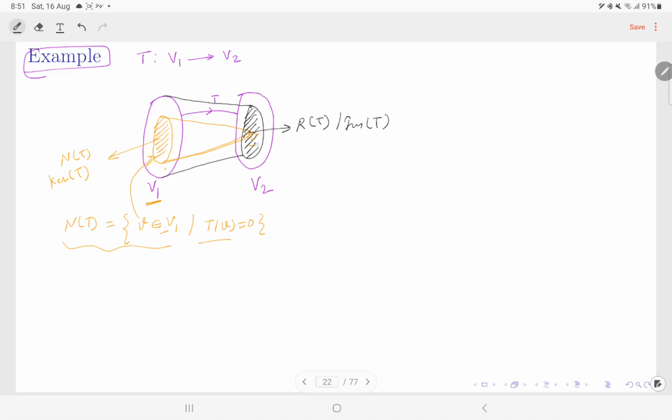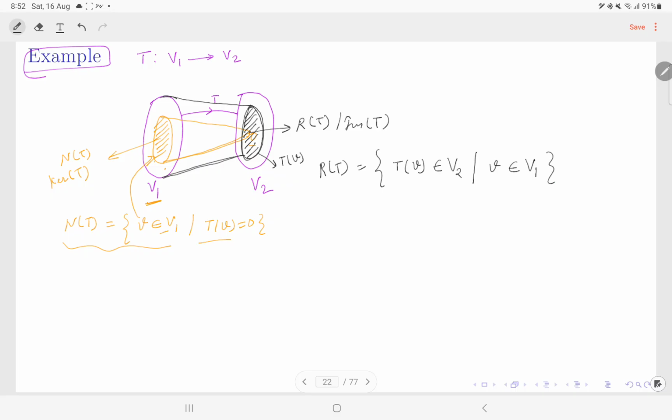So what does the range of T mean? It means we are looking for the set of vectors in vector space V2 which are the images of all the elements of vector space V1. How can we write it mathematically? The definition is that all the elements will be T(v), because v is coming from vector space V1. So we are looking for T(v), which is an element of V2, such that there exists v in vector space V1.